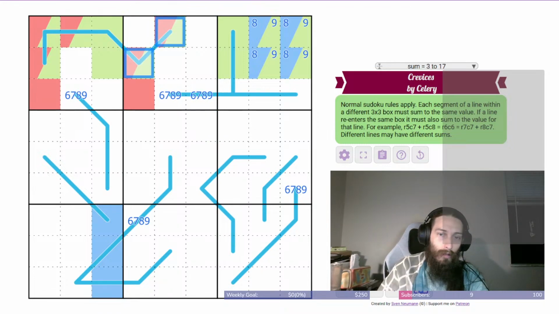And then if I take this out of red, then this can come out of green.